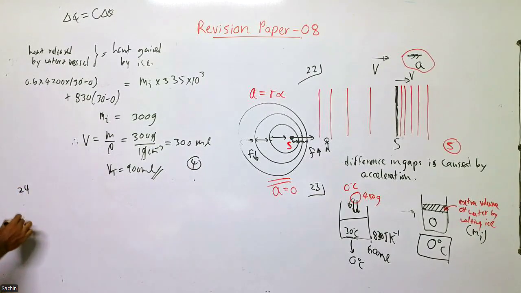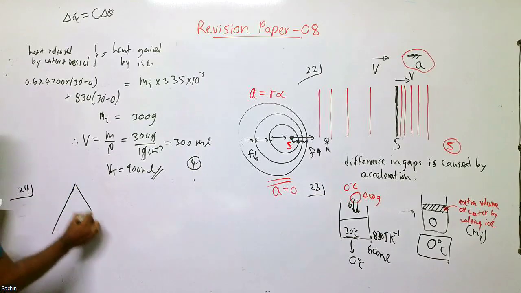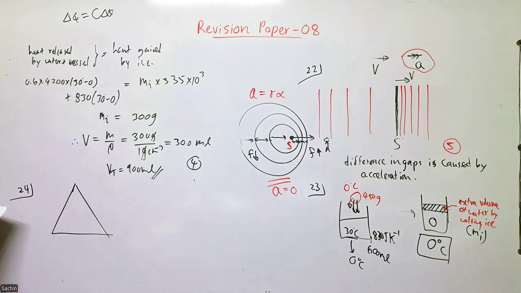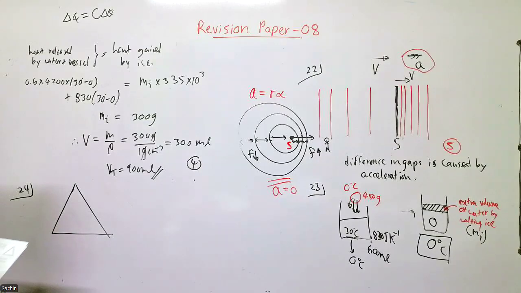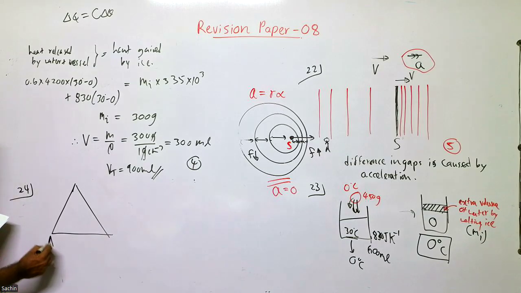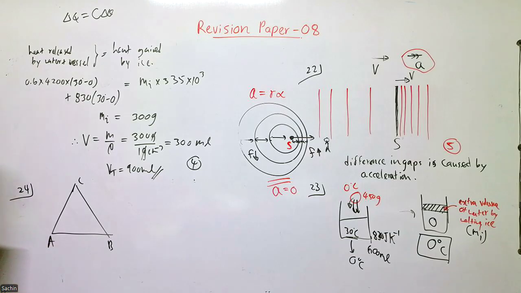24th question. There's a connection. So A point is maintained at 0 Celsius.